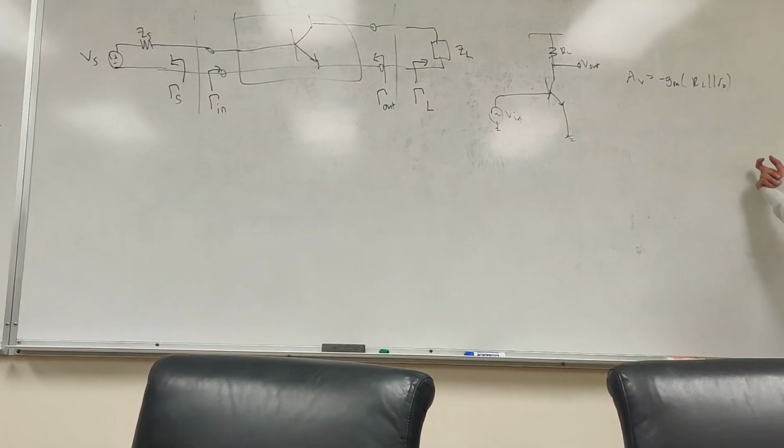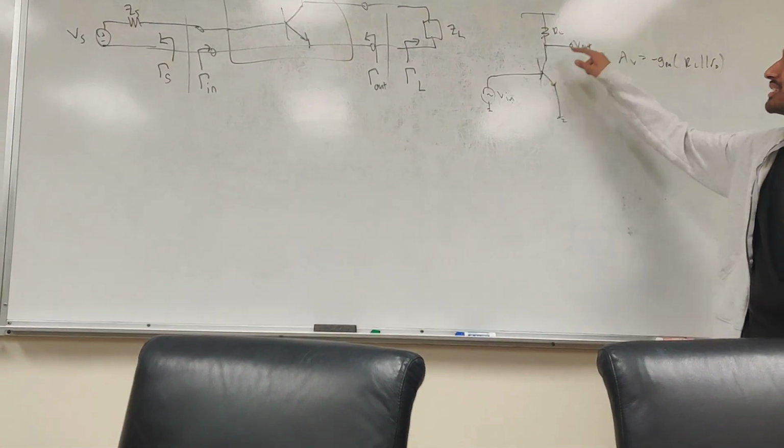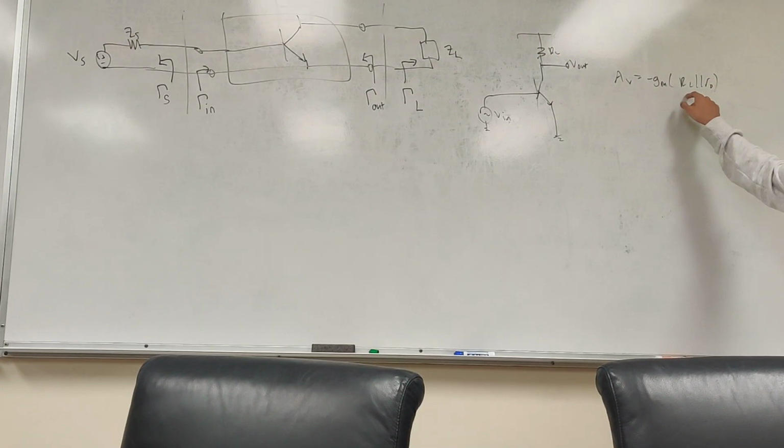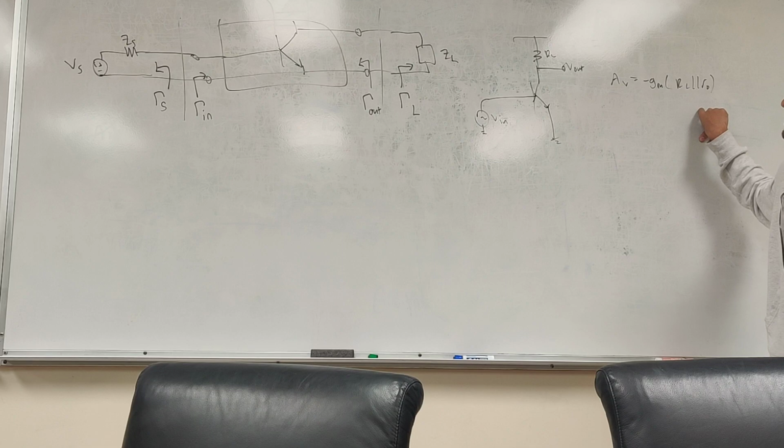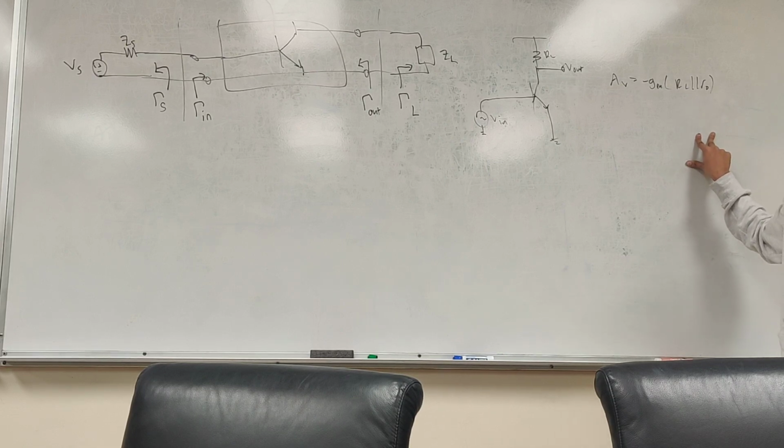And what you guys talked about in the last module was, okay, replace this with an inductor, and that's a capacitor, can resonate, get rid of this RC, so we just get negative gm ro. And we're like, okay, that's a good way of maximizing our gain.